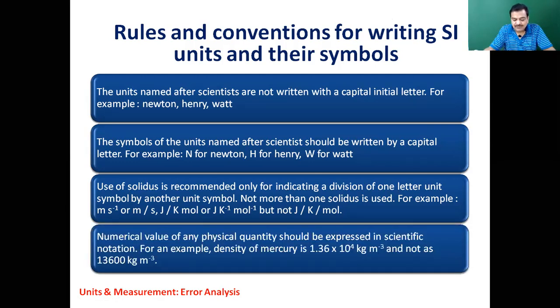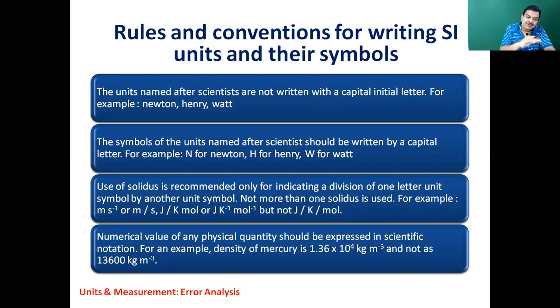Numerical value of the physical quantity should be expressed in scientific notation. For example, density of mercury is 1.36 into 10 to the power 4 kilogram per meter cube and not as 13,600 kilogram per meter cube.